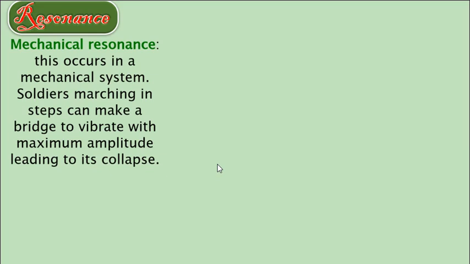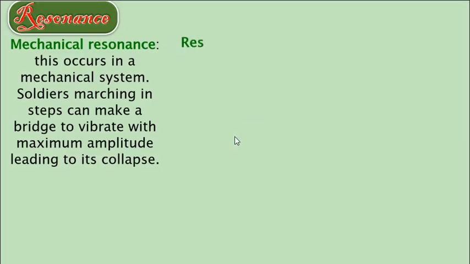And when that happens, the bridge will vibrate with its maximum amplitude and also maximum kinetic energy. If the soldiers were not forced to break their march, that bridge would collapse. That is a mechanical resonance.